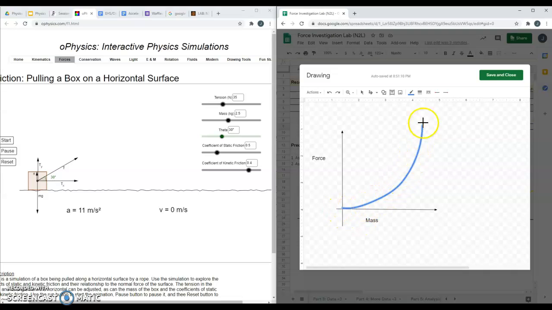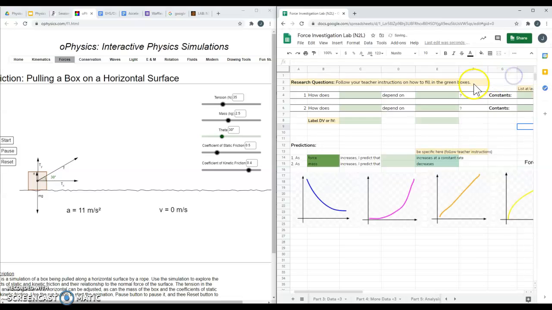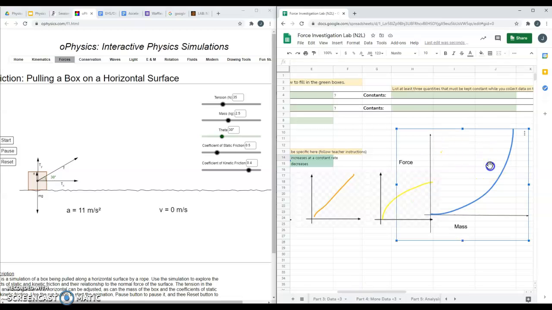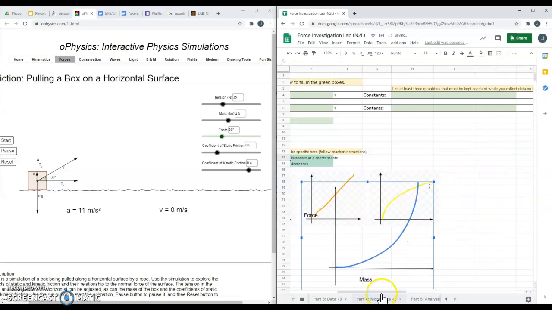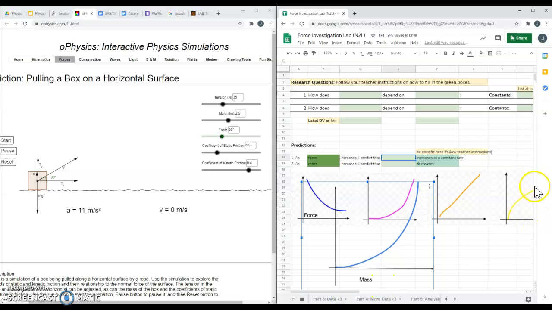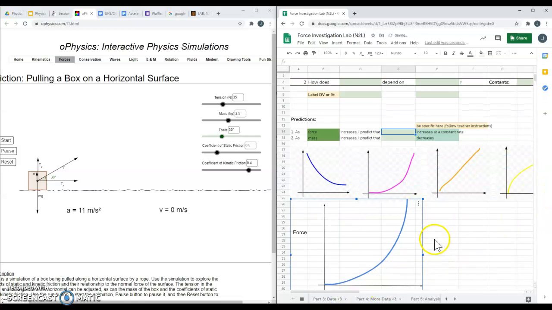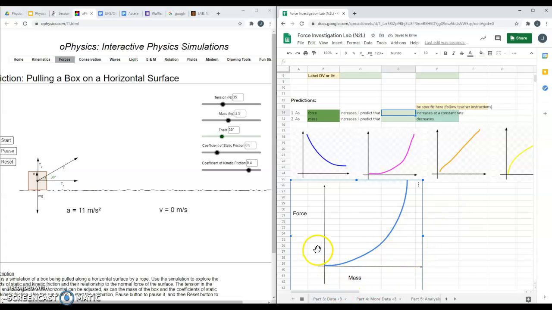So please draw a picture that matches up with your prediction in these green boxes. And I have my picture right here. And please make sure that you put it somewhere where I can see it.